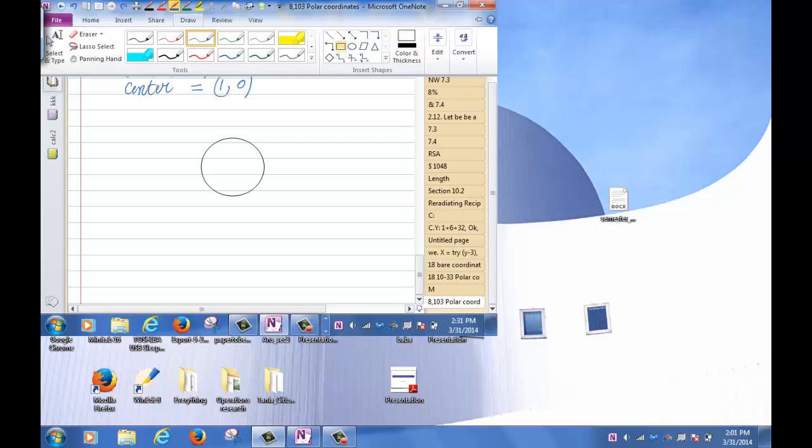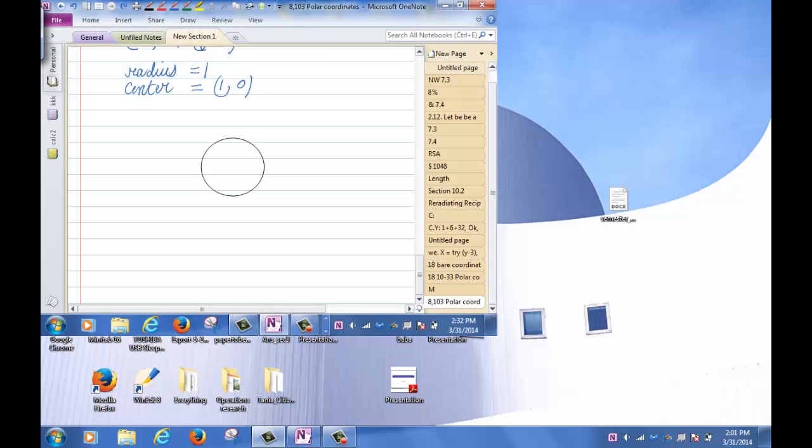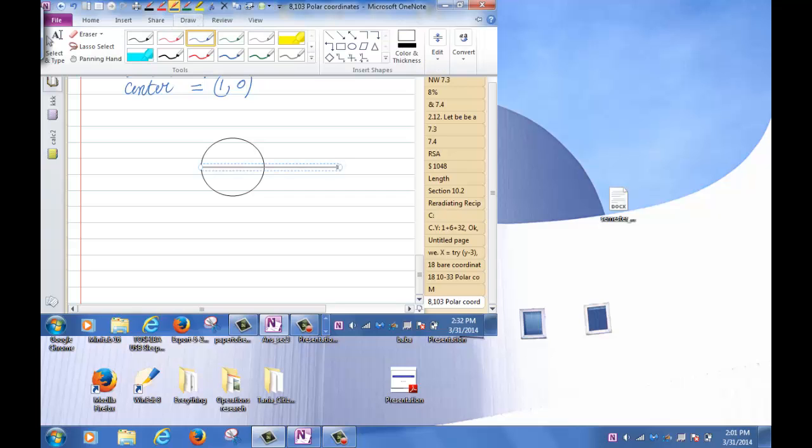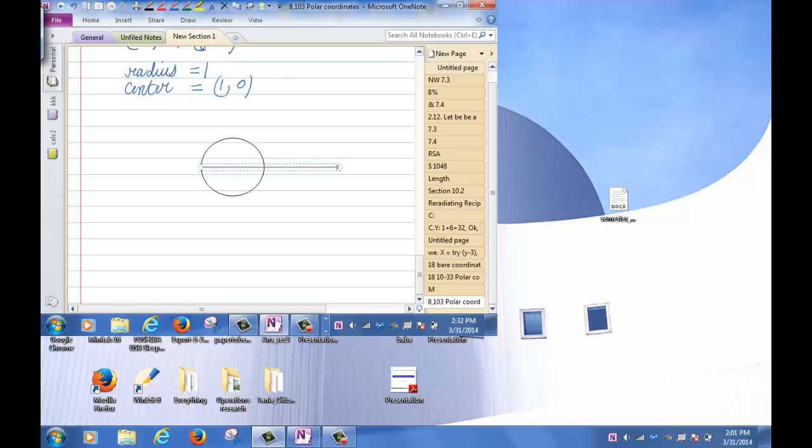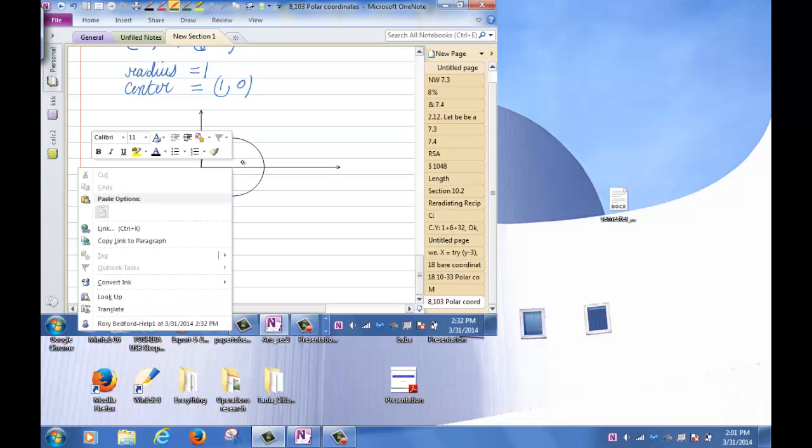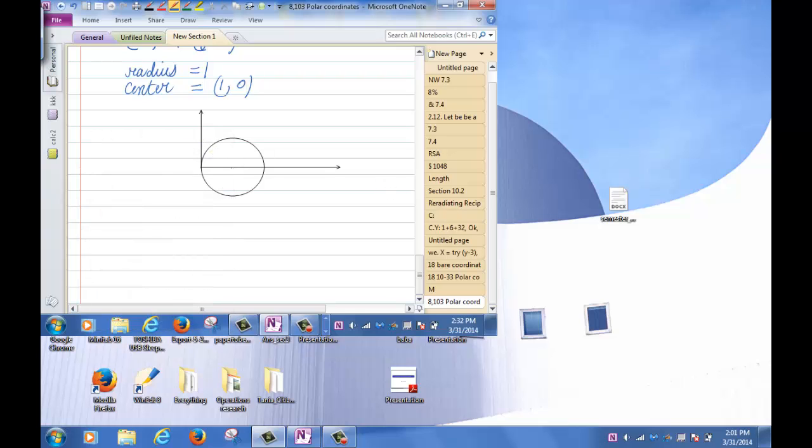So that would be my x-axis, roughly. This would be the y-axis, roughly. And the center is at 1, 0. So that's 1, 0. The radius is 1. So this number here is what? 2. Right. So that's the graph of this equation.